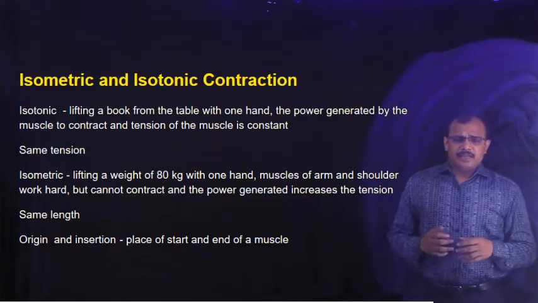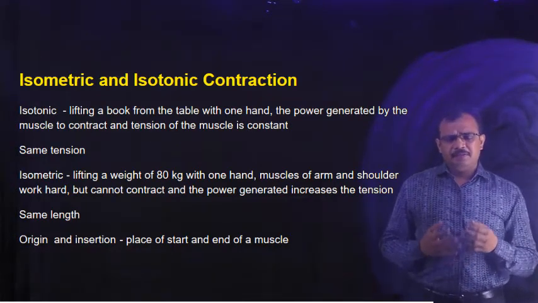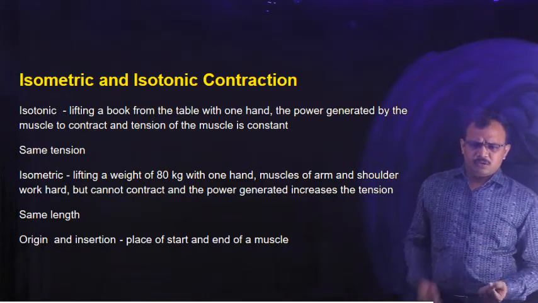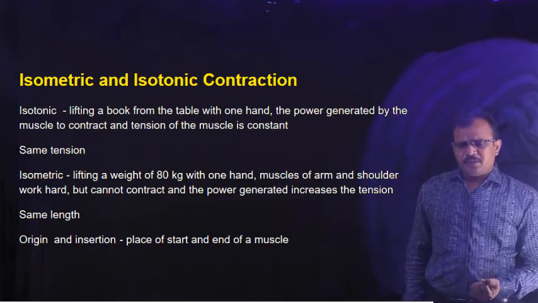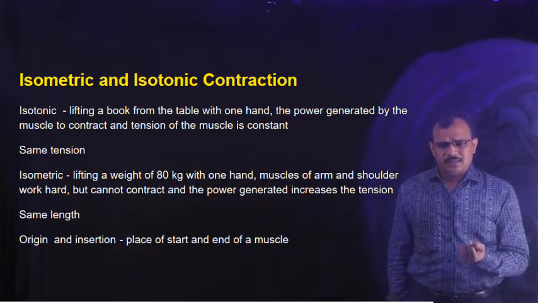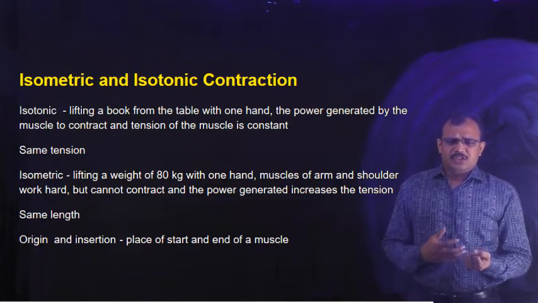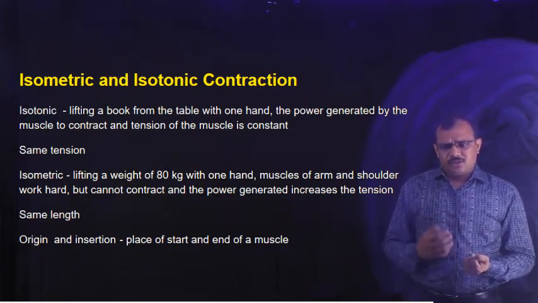Whereas when we attempt to lift an 80 kg weight with one hand, it is impossible. Though we put all our efforts into lifting that 80 kg weight, even though the muscle tension keeps increasing, the length of the muscle does not reduce.